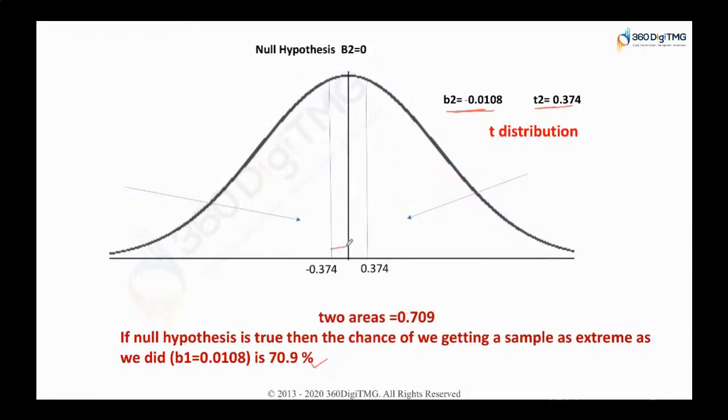It is very close to 0. So there is no way we can reject this B2, and that is the reason we are not interested in taking this particular variable.